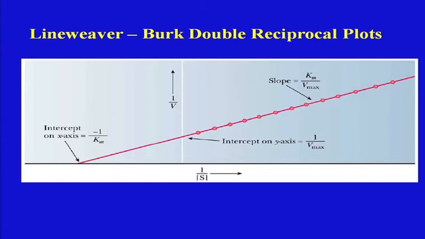It is a real nice way of finding out the individual things like 1 by Vmax and Km. Also the slope will give you Km by Vmax, but even if you do not want to find out the slope, just keep on extrapolating until the line reaches your x axis, that is the 1 by S axis, the inverse of the substrate concentration axis.